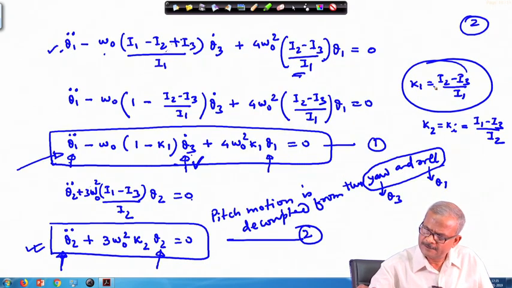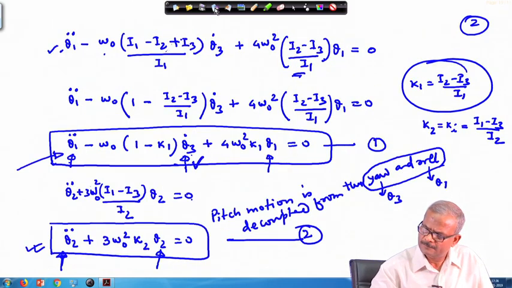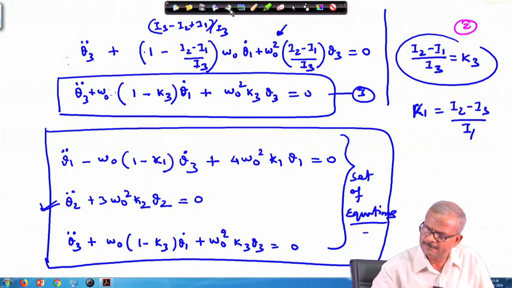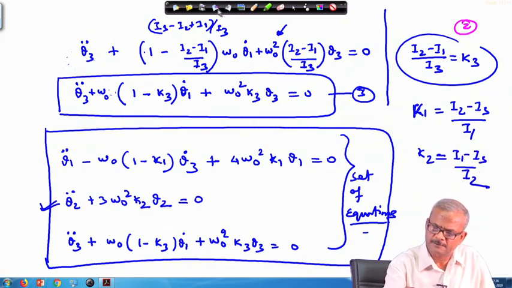We pick up these terms: k 1 equal to I 2 minus I 3 divided by I 1, and k 2 equal to I 1 minus I 3 divided by I 2.